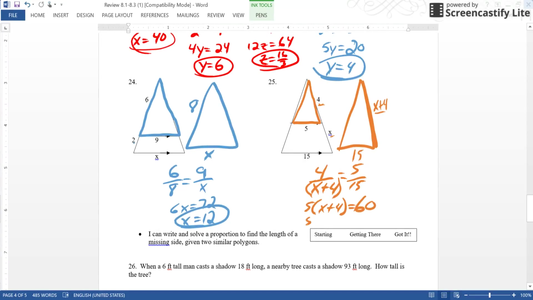Okay, this turns into 5x plus 20 equals 60. I'm going to continue down here. I get 5x equals 40 when I subtract the 20, and I get x equals 8. All right.